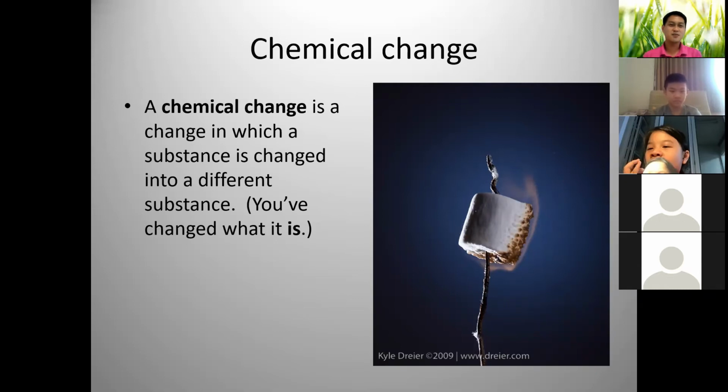Okay. So chemical change is a change in which a substance is changed into a different substance. An example here is a marshmallow. So we apply heat, it will change its substance.